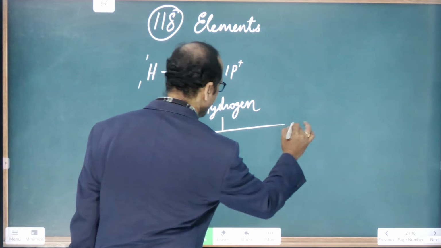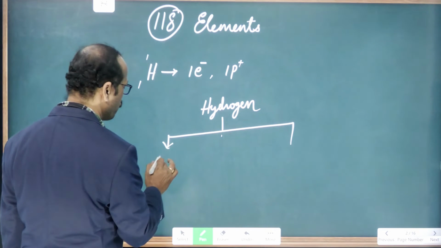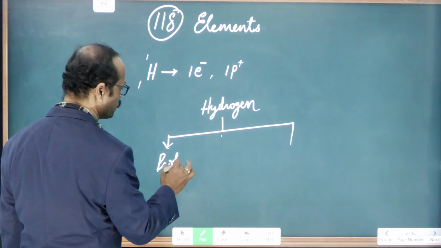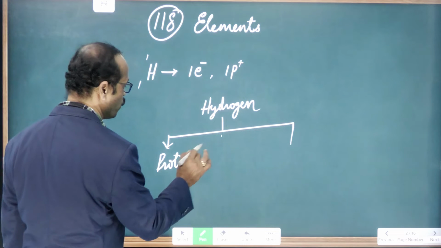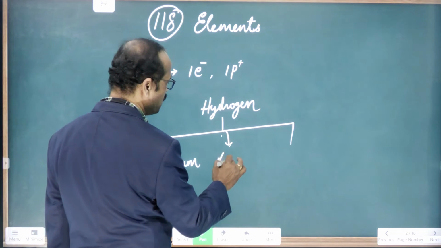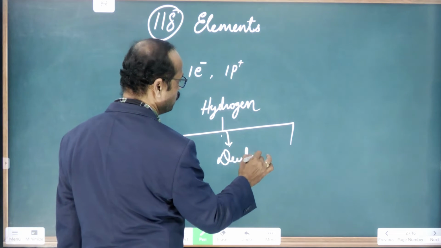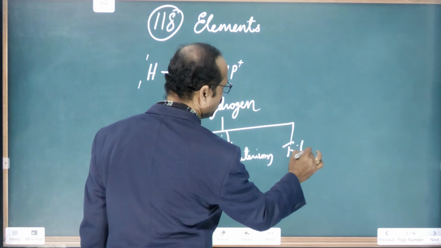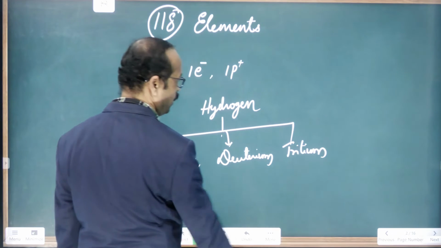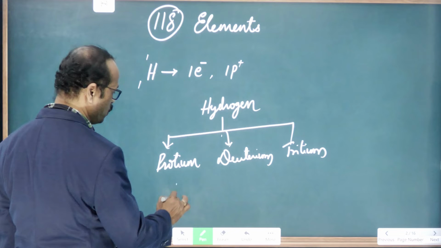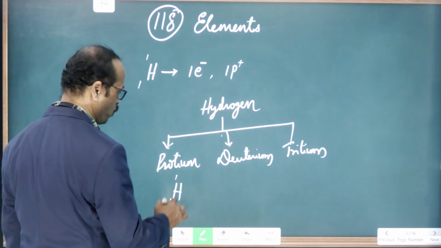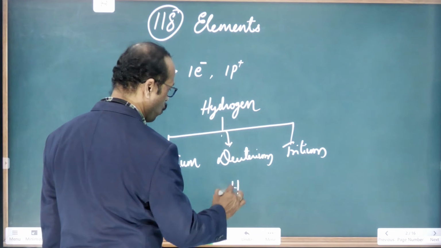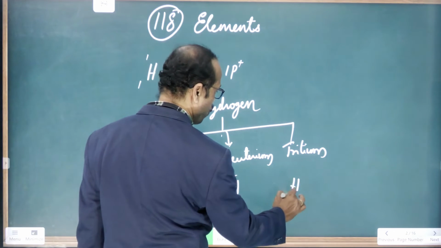One is called protium, second one is called deuterium, and third one is called tritium. These are denoted by H11, H12, H13.